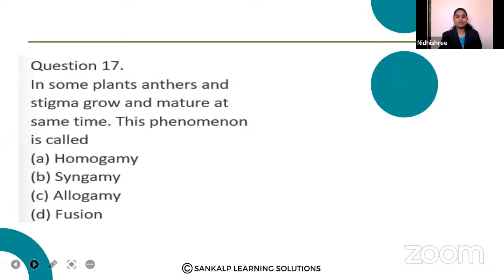Next, question number 17. In some plants, anthers and stigma grow and mature at the same time. What is that condition called? A, homogamy. B, syngamy. C, allogamy. D, fusion.